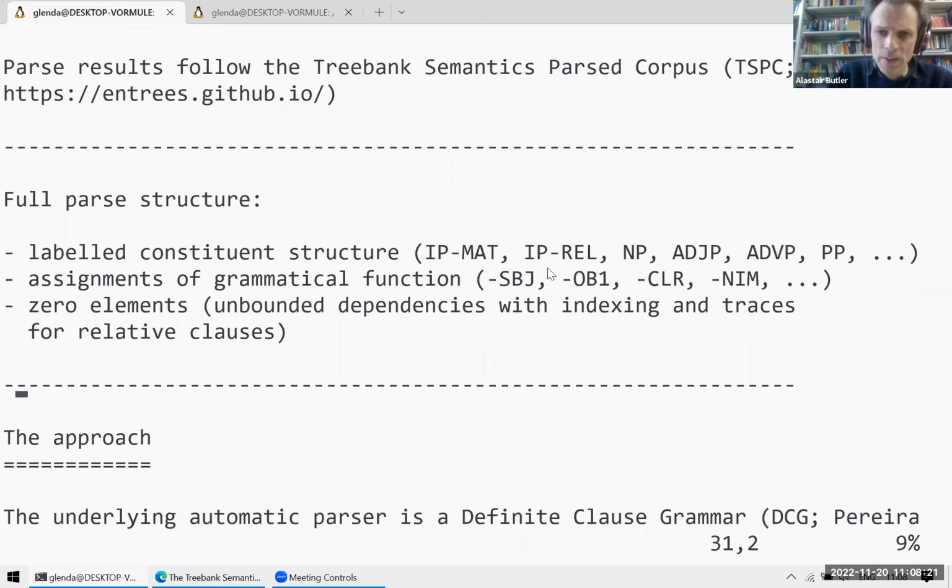So these are kind of obviously familiar terms. I've also got this CLR. So this stands for closely related element. And we'll see some examples of closely related elements when we look at some examples. And there's also this NIM, which stands for, I don't know, not important, or not a selected item.